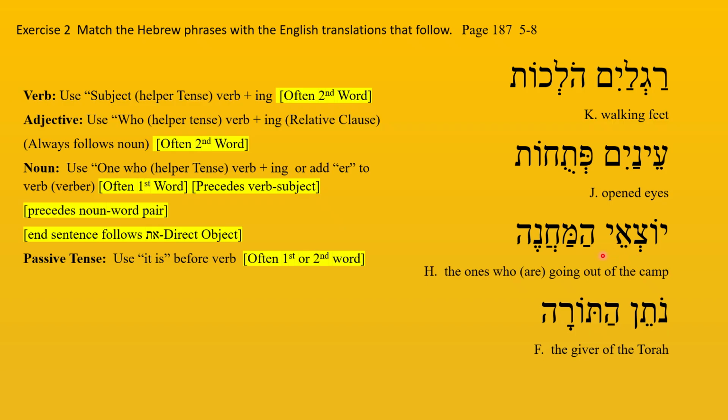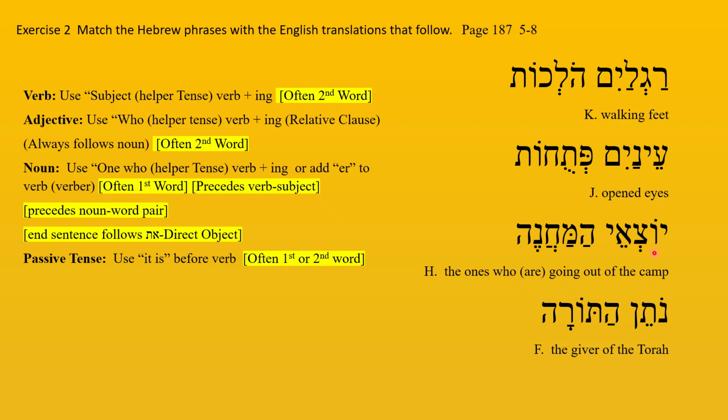Yotzei ha-machane. All right, there's your participle in the first position. So it could be a subject, could be a verb, could be a part of a word pair, because you have two nouns together. So the ones who are going out of the camp.